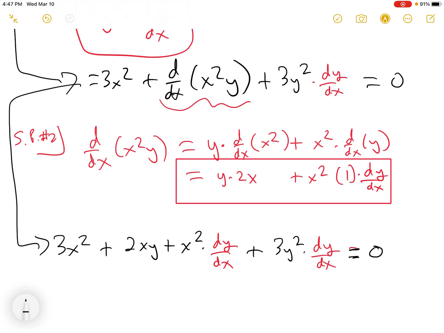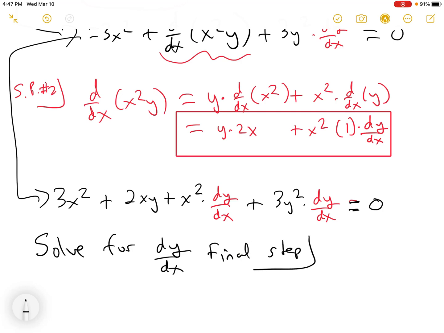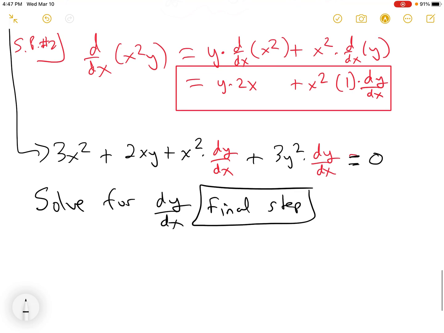Our original goal was to find the slope of the curve, and what we do now is, just like Math 100, solve for dy dx. This is the final step. All right, so we collect all the terms with dy dx.